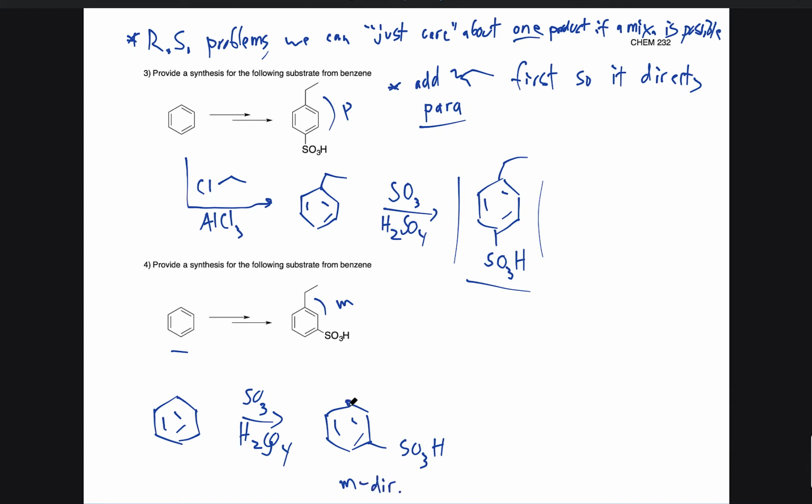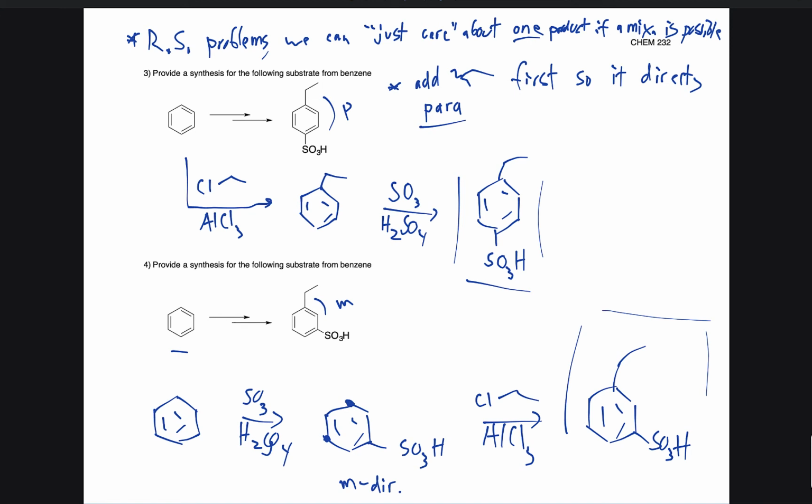And so we can add here or here. And so when we do our Friedel-Crafts, we end up with, this is our final product. So just by changing the order of how we've added things, we get a totally different final major product.